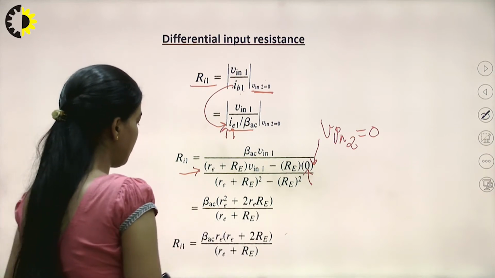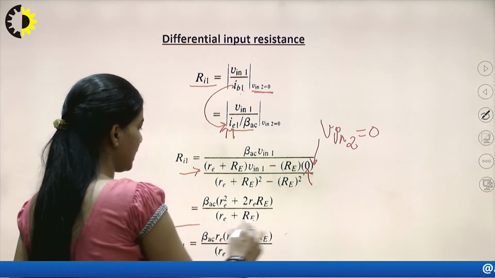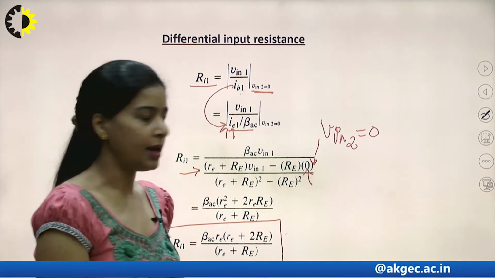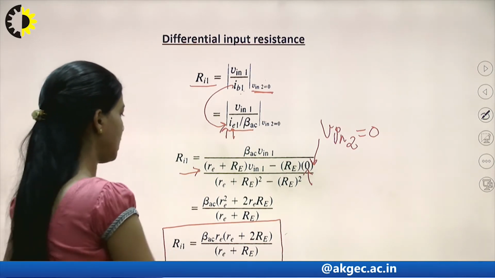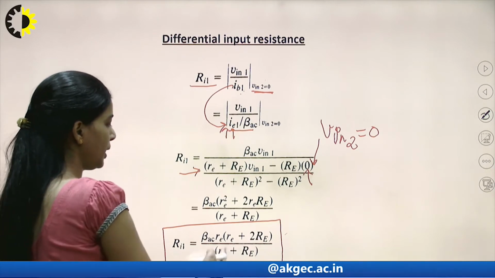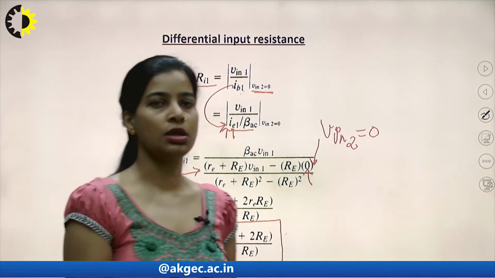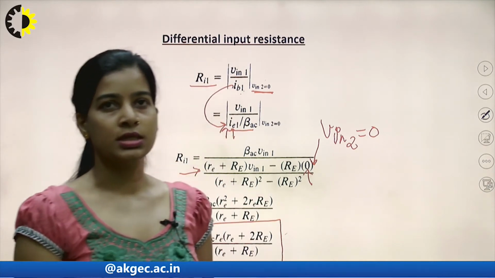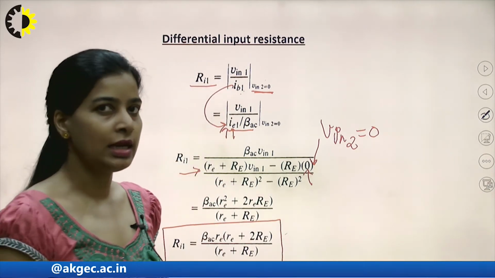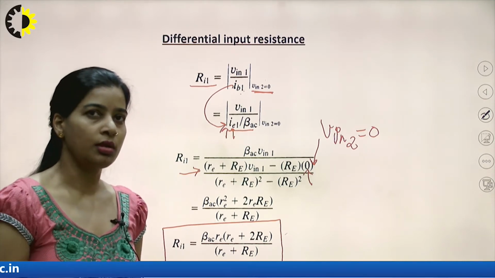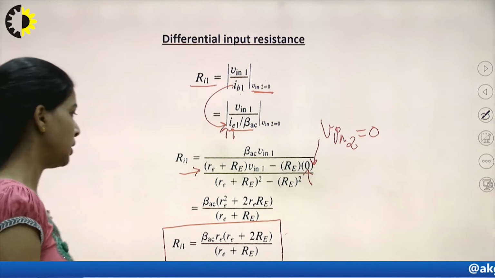When we simplify it, we get RI1 as beta AC multiplied by small re, re plus 2RE divided by re plus RE. This is the expression of input resistance seen from input side 1 for a dual input balanced output configuration.